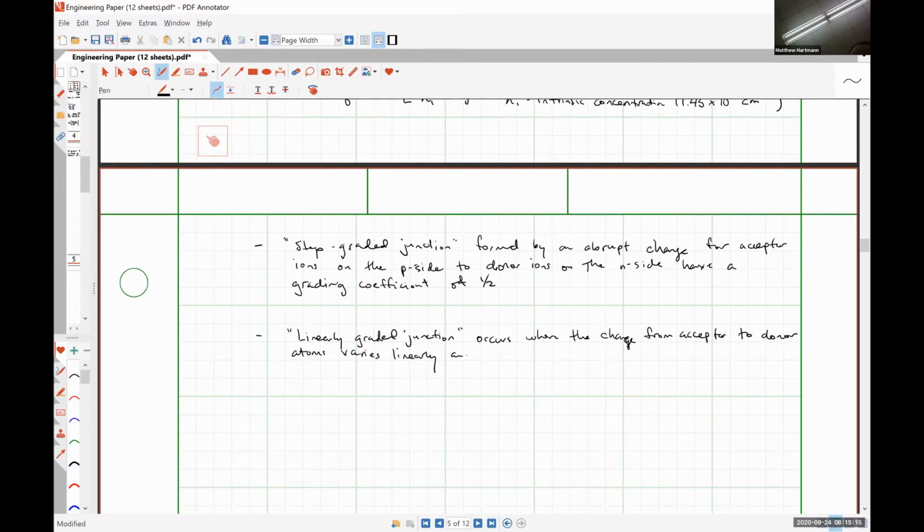And these guys have a grading coefficient of 1/3.